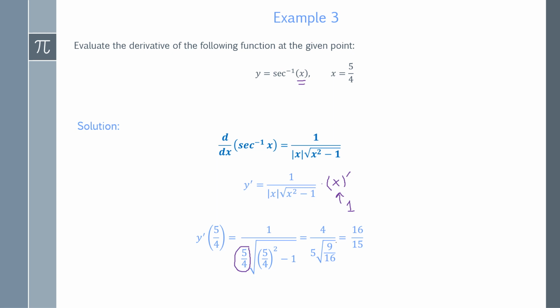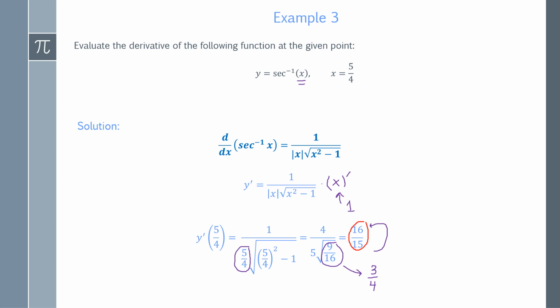And that gives us this number right here, square root of 9 over 16, which of course is equal to 3 over 4. And what happens here? The 4 in the denominator goes in the numerator, and that's where 16 comes from. And then 5 times 3, that's 15. So the final answer here is going to be 16 over 15.